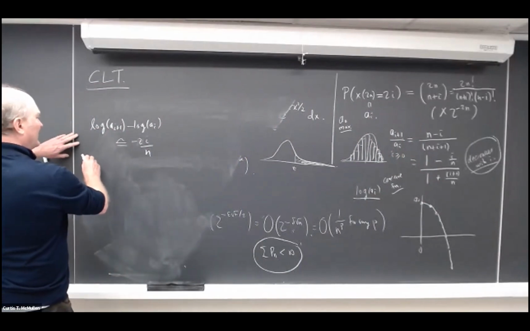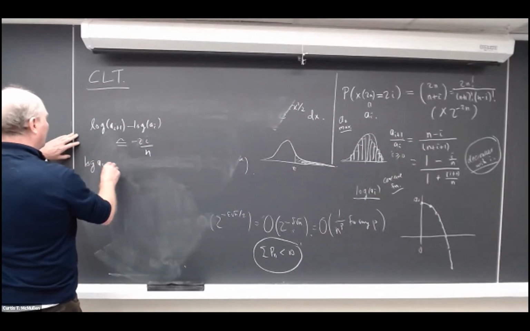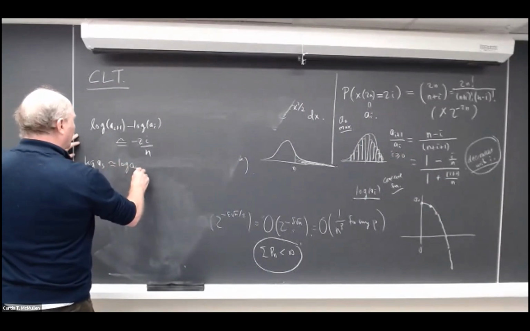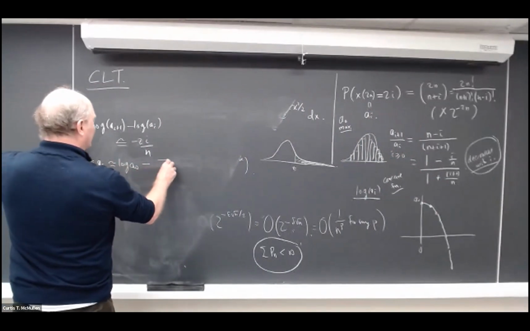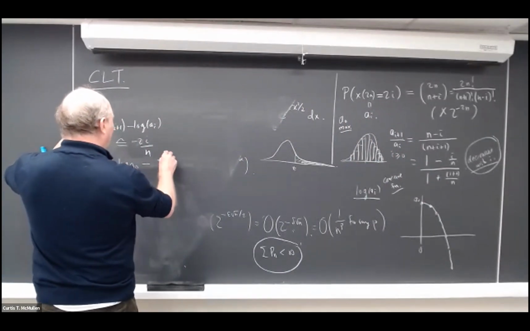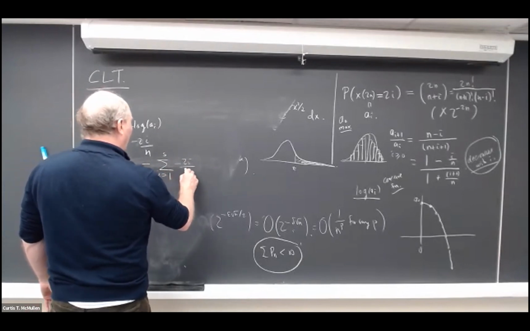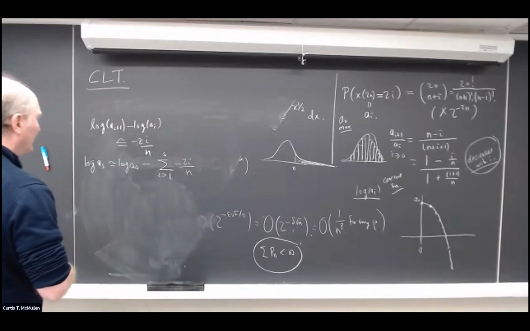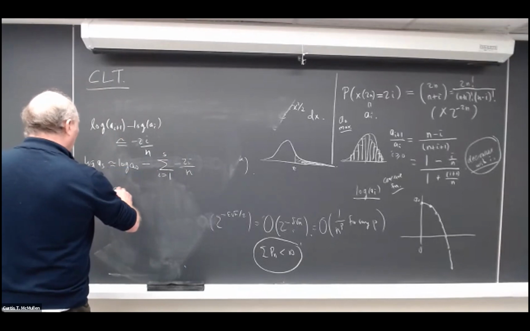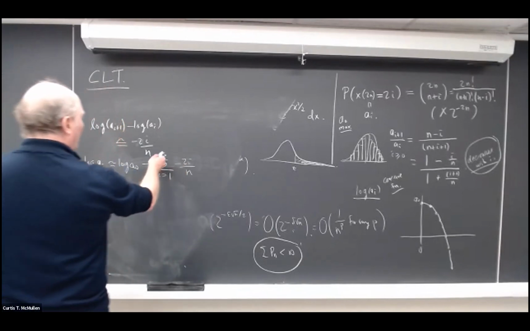And so what you get from this is that log a_s, let's say, is approximately equal to the log of a_0, which is some constant, minus the sum from i equals 1 to s of 2i over n. And what does that look like? Well, we're just summing up the integers from 1 to s.